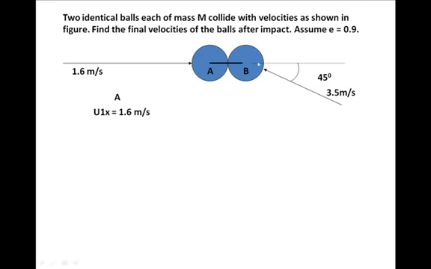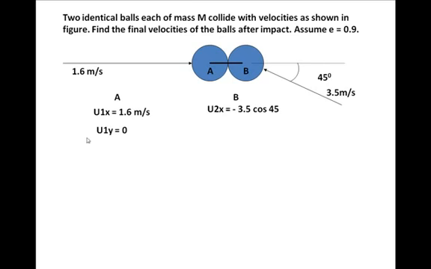And I take the 1.6 meters per second direction as x-axis, then you all will agree that u1x is 1.6 meters per second. Now for body B, u2x, that is velocity of second body along x direction, will be minus 3 cos 45.